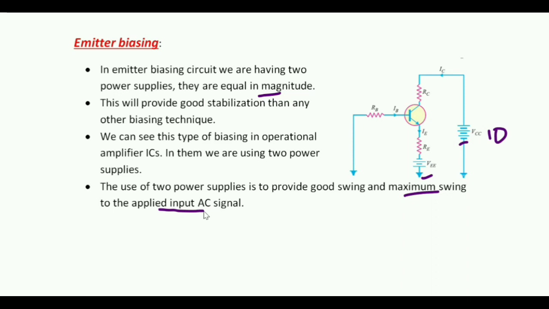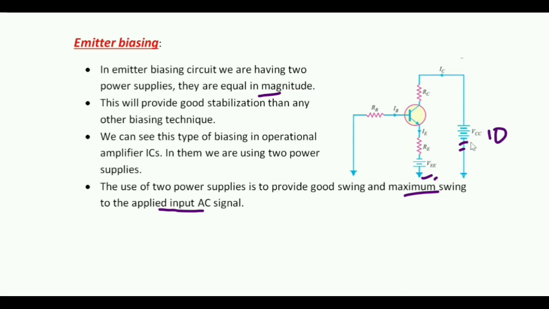If the positive peak is 10 volts, we can't get 10 volts if we apply a single source of 10 volts, because it gives only up to 5 volts in the positive direction and 5 volts in the negative direction. So we will not get 10 volts at the output. This may lead to clipping of the output signal, so we will not get a faithful amplified output. For that reason we apply two power supplies to give maximum swing.